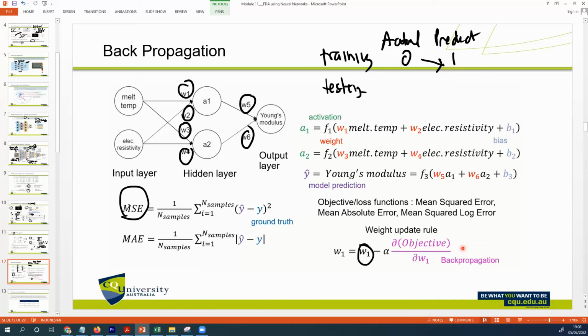Also using the mean absolute error. If it is high, then we need to conduct some back propagation. So this is how the black box works in the neural network with regression. Any questions?